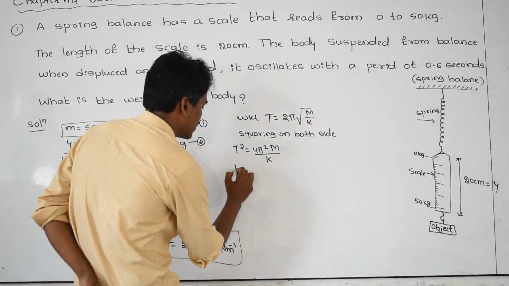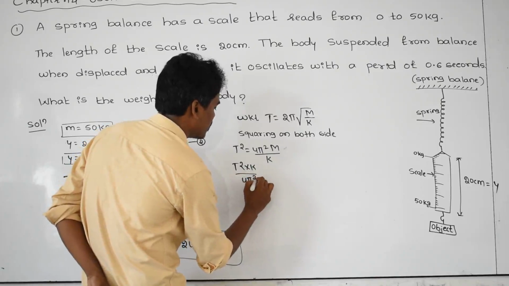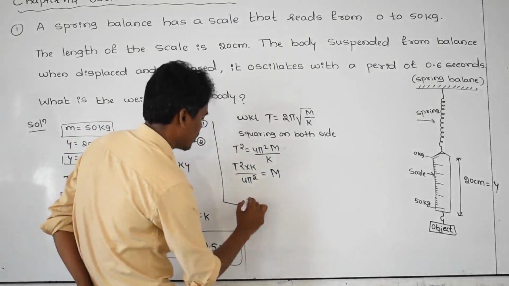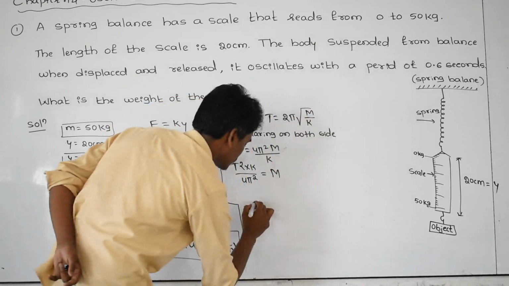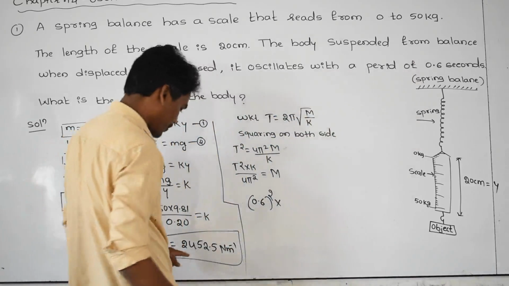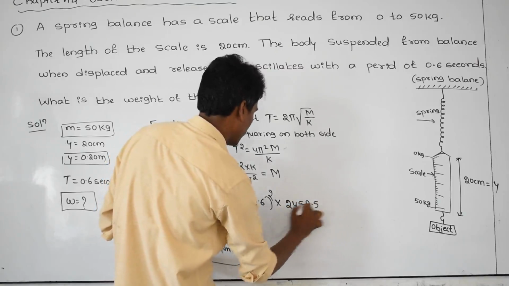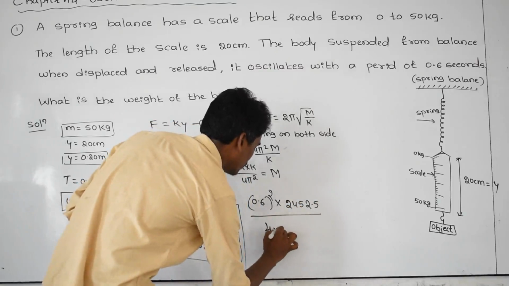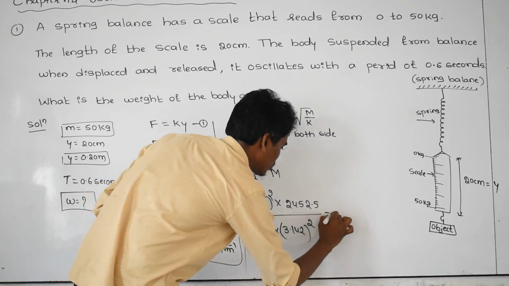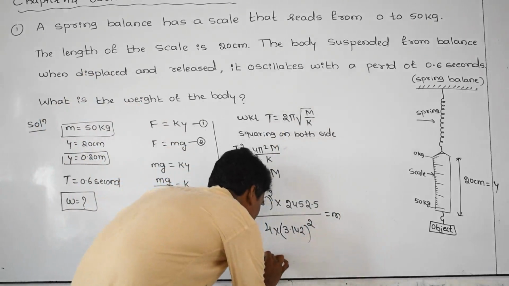And here T square into K divided by 4 pi square is equal to capital M. T square he has given, 0.6 whole square, into the K value you obtained here, 2452.5, divided by 4 into 3.142 whole square, this is equal to M. Then calculate M yourself, you are getting 22.38.